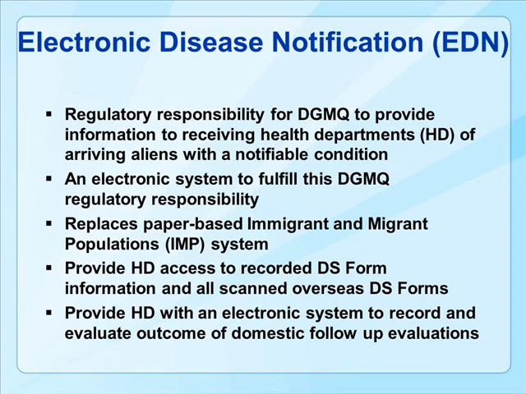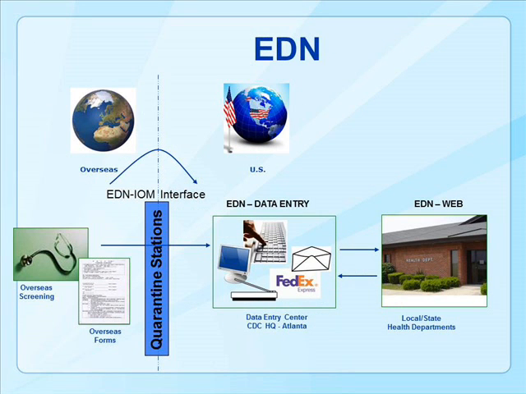And it also provides health departments with an electronic system to record and evaluate the outcome of the domestic follow-up evaluation. And that, I think, particularly as we now start to think about the impact of these technical instructions, that follow-up data in EDN just becomes more and more important as time goes by. So this is a schematic that helps show how the process works.